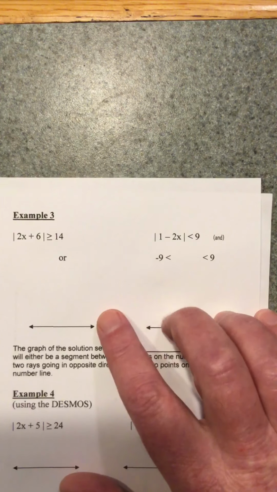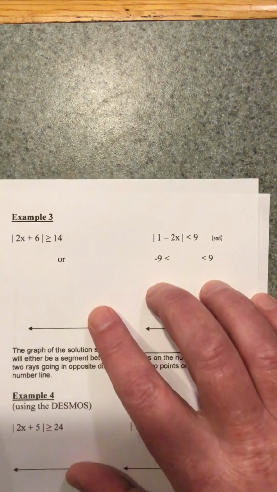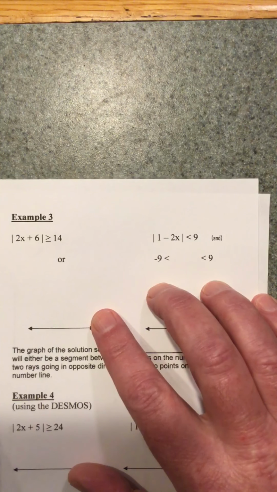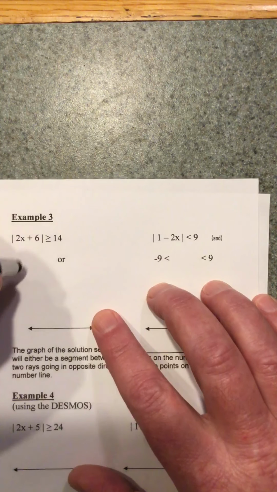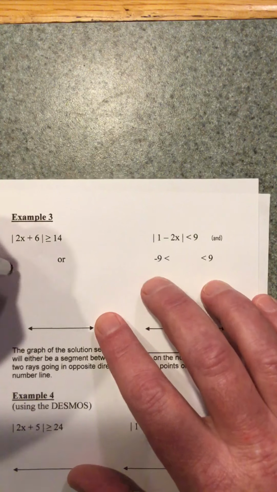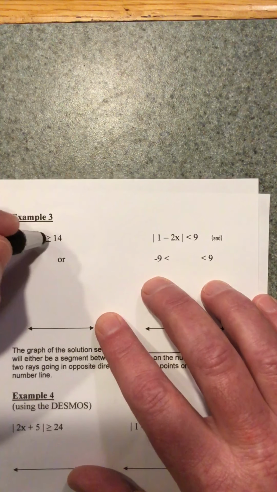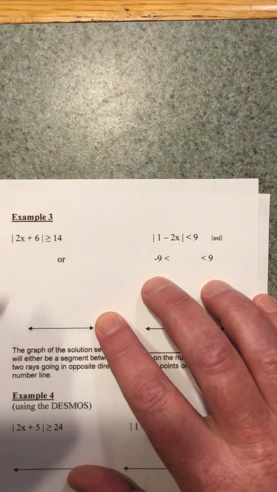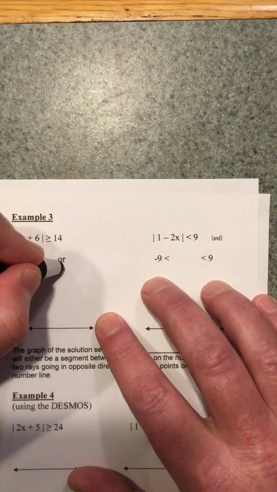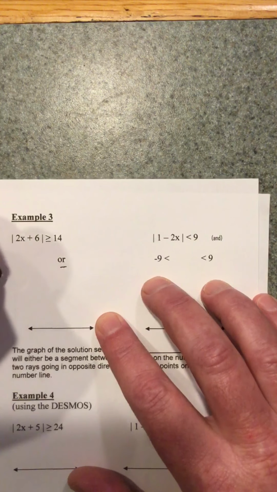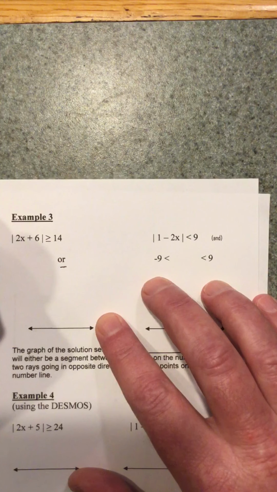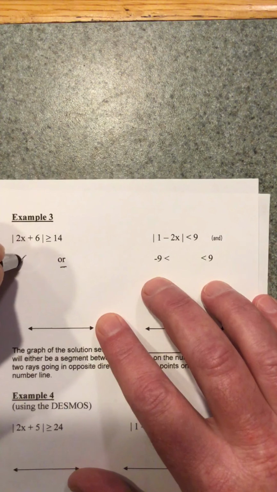Now, example 2, I'm going to show you how to set these up, and this is real important that you pay attention to this. This is going to lead you to success on the quiz coming up. If we see this sign right here, a greater than sign, we're going to call that an OR problem. So here's how we set it up. We're going to set up 2x plus 6. We're going to flip this sign.